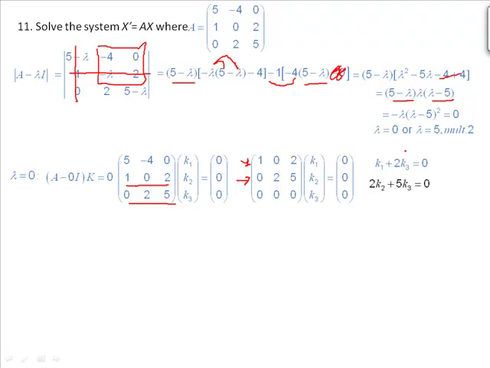Both of these equations involve k3, so I solved for k1 and k2, and to avoid fractions I let k3 equal -2, so that -5 times -2 gives me 5 for k2, and -2 times -2 gives me 4 for k1. So again, you could have other answers there.